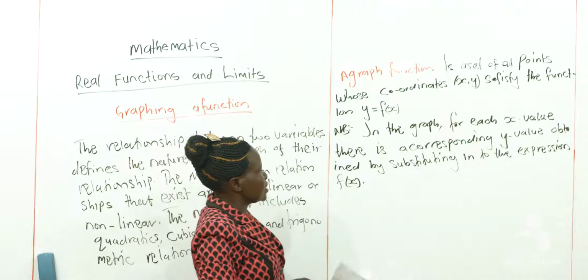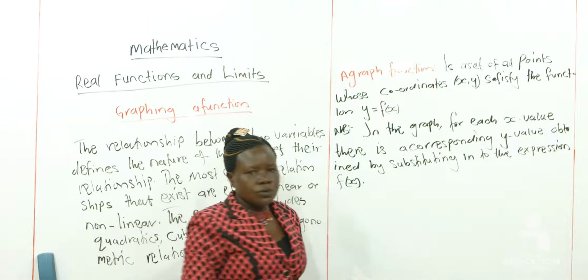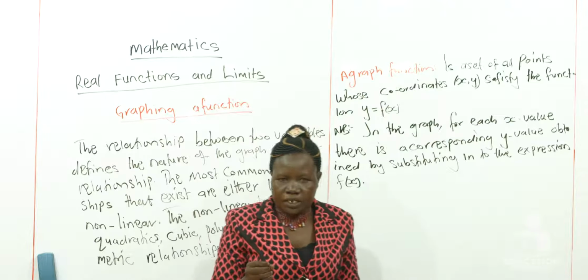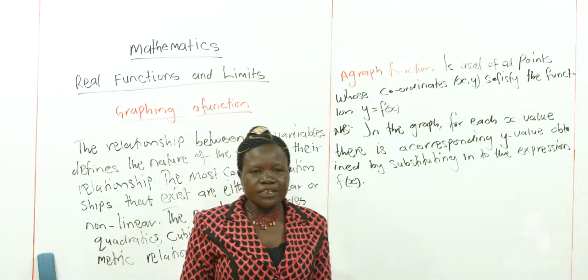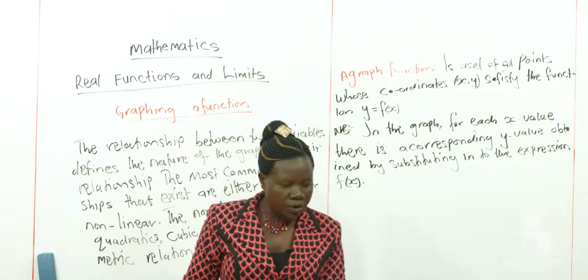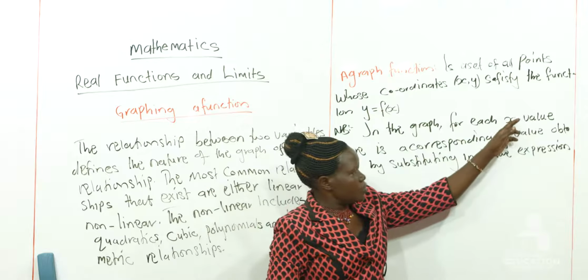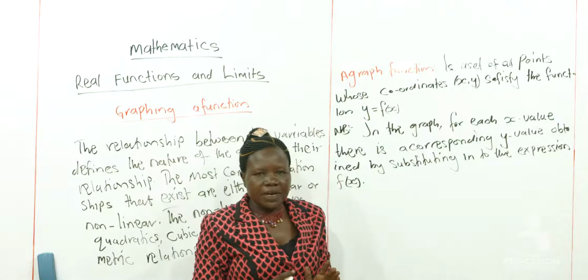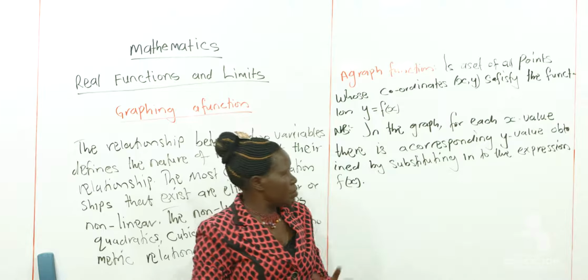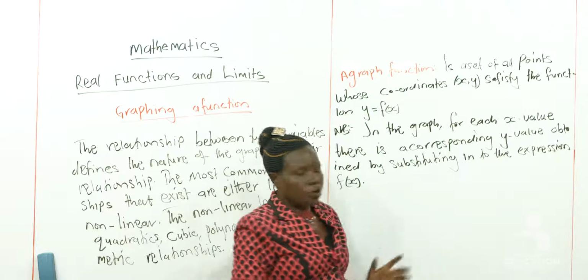Take note that for you to get those coordinates of x and y, you need the values of x and the values of y. The values of x will always correspond with the values of y.